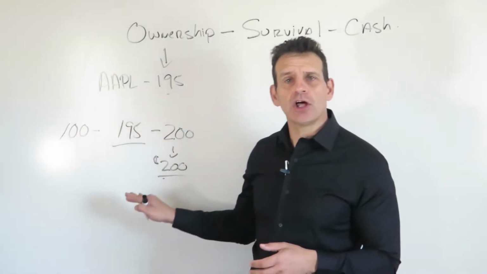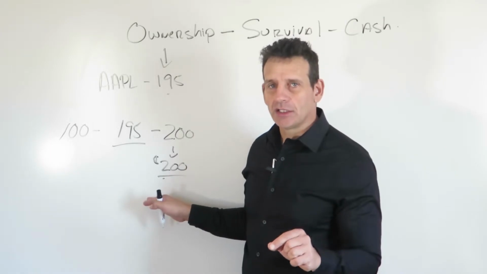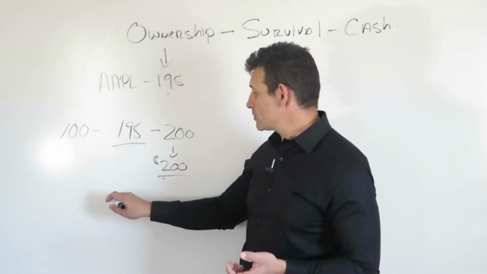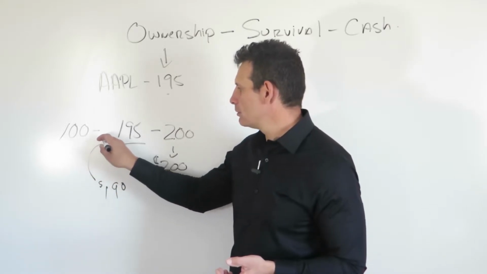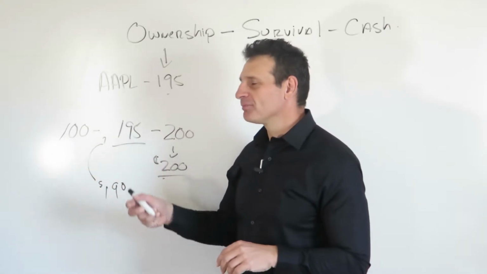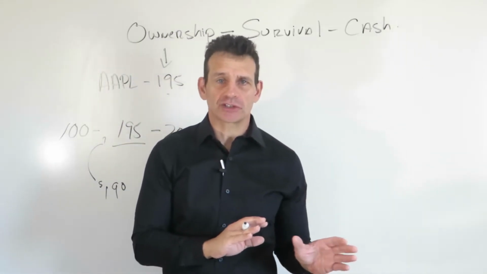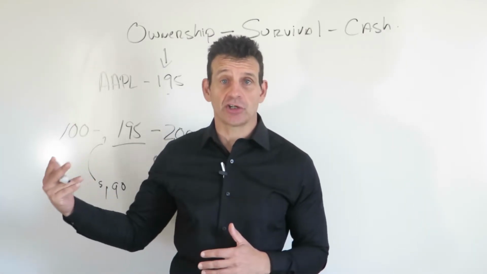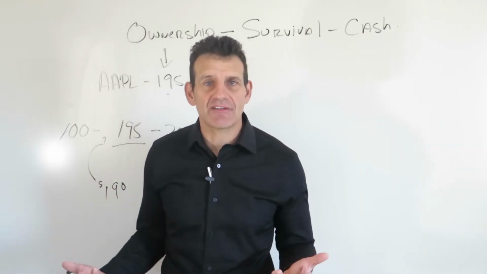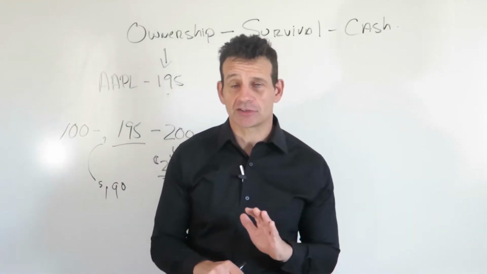Now, if it goes below that, remember I said you're obligated to own this stock. So at this point, if it goes down to 190, in theory, you are long from 195. Now, obviously, just at first glance, this presents an enormous amount of risk sometimes, because this thing could go to 180, 170. Again, it all depends on market conditions and your thoughts and feelings about a certain stock.